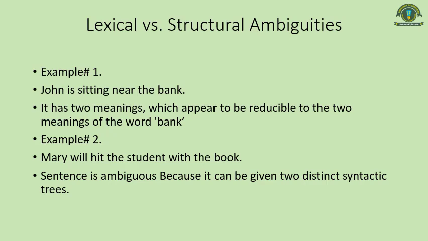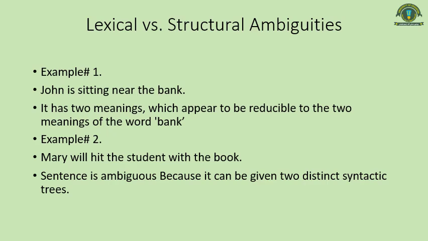The first one is financial institution and the other one is the bank that is the slope at the side of a river. So example 1 has two meanings which appear to be reducible to the two meanings of the word bank. Here the ambiguity is created because of the word bank, because of the lexicon bank. So it was lexical ambiguity.